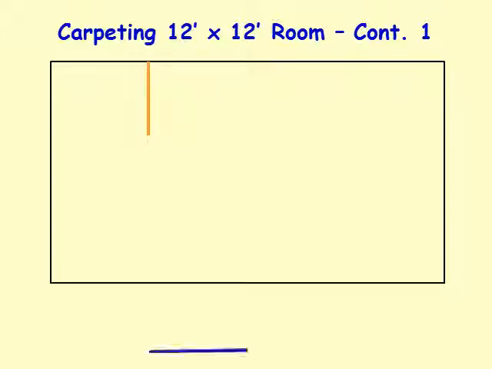Then we'll continue again by 4 feet, which is the HCF of 12 and 16, and this will cut parallel to the length.